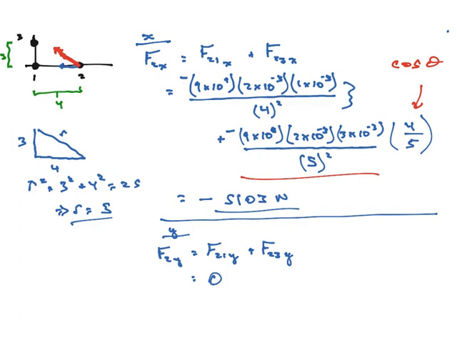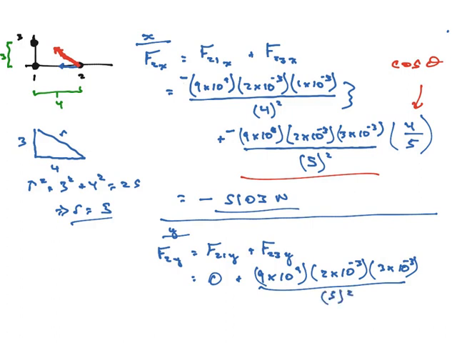Now, F23, we're not as lucky. Let's look at F23. F23, the force on 2 due to 3. That's 9 times 10 to the 9 plus 2 times 10 to the minus 3 times 3 times 10 to the minus 3 divided by the distance between them. We already calculated that to be 5, so that's 5 squared. This is the total force felt by 2 due to 3, but I only want the y component.